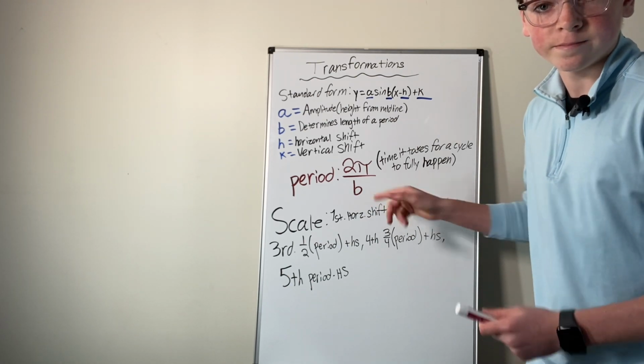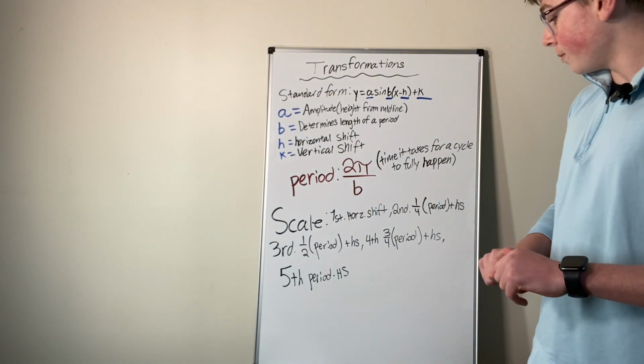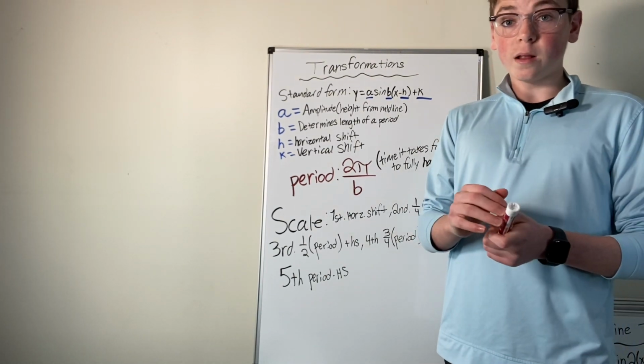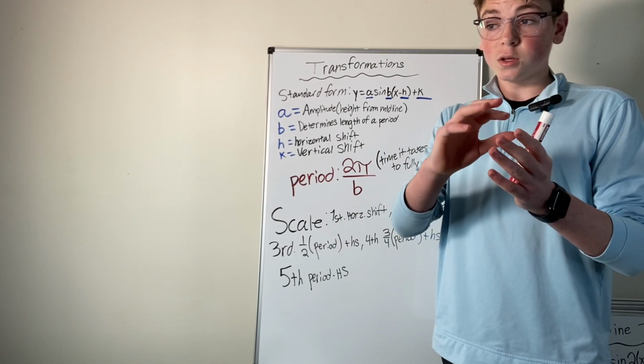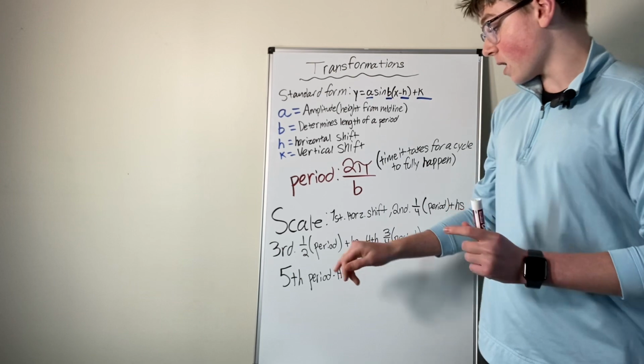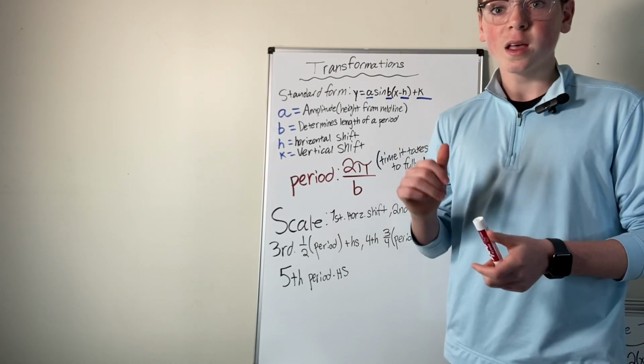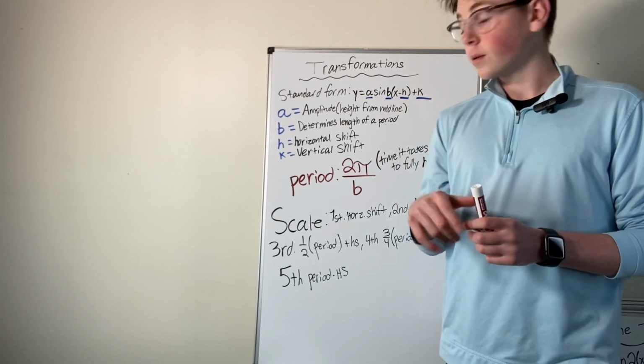You're ending at the same place in the cycle. So 1/4 would mean you're at the start point and you're just taking 1/4 of the full period and getting that second point. Then you're taking 1/2 of the period and getting that point. Then 3/4 of the period, then the full period.